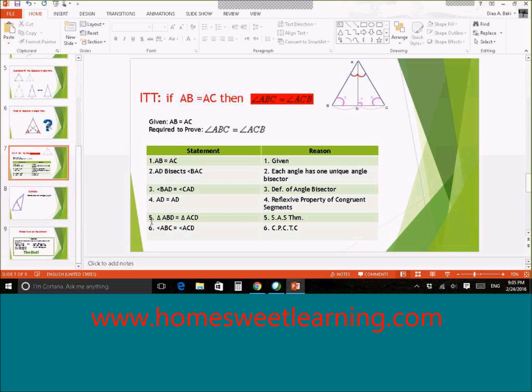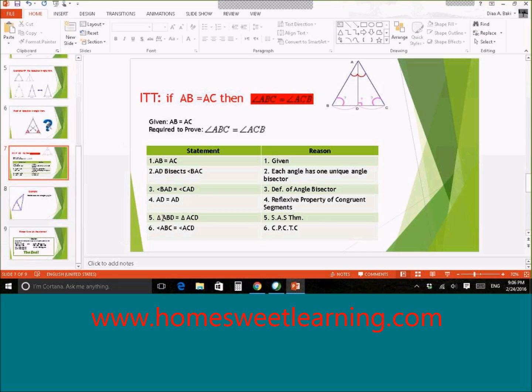So we can conclude then in step 5 that triangle ABD, if you look at the figure, is congruent to triangle ACD. While I am naming them, I should name the corresponding parts to the corresponding parts of the other triangle. So if I say AB in the first triangle, I should say AC.